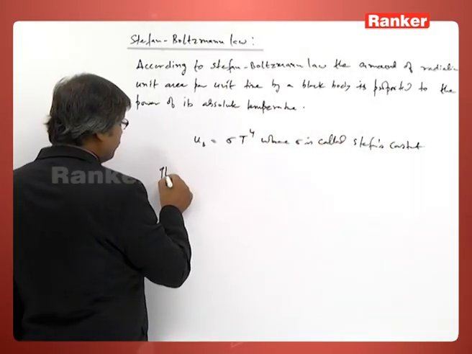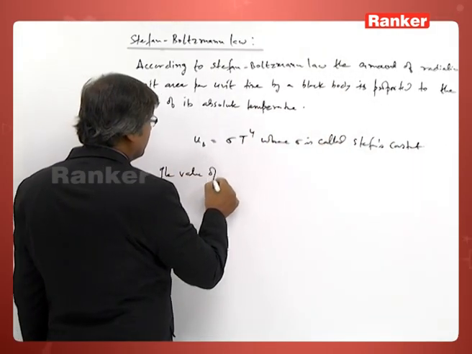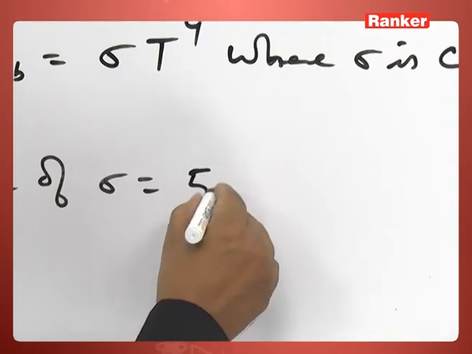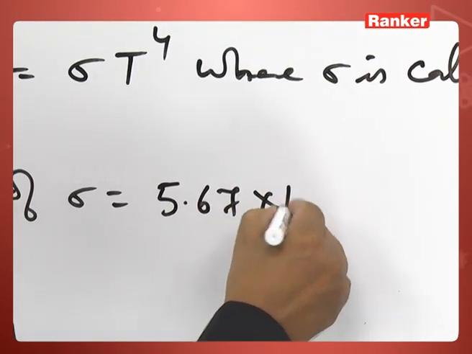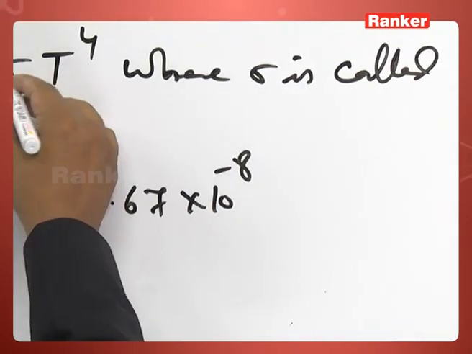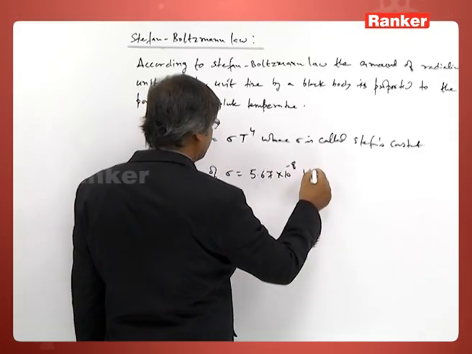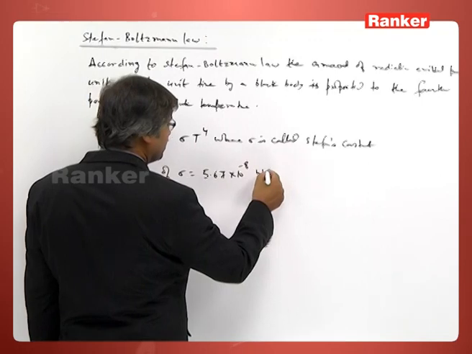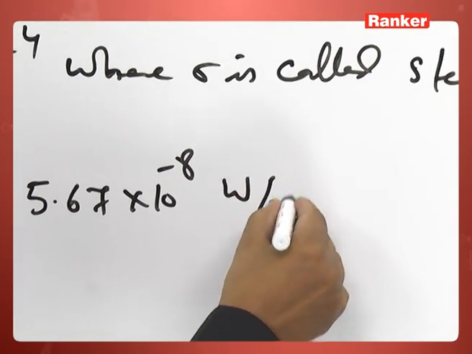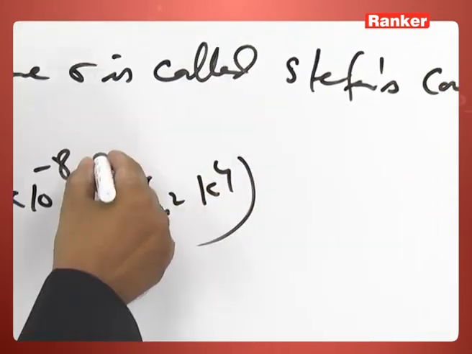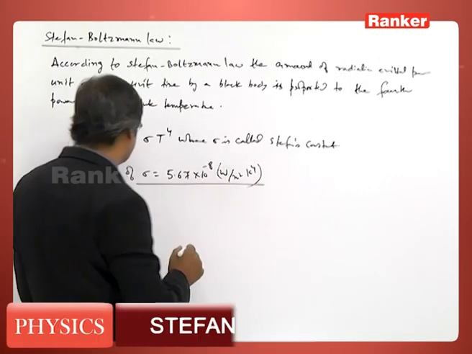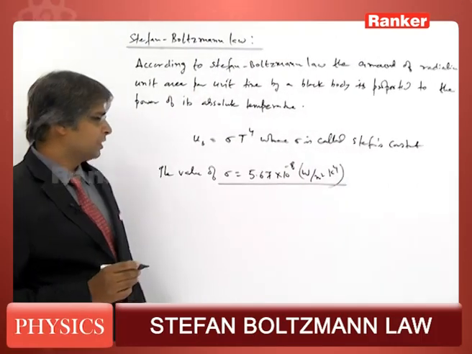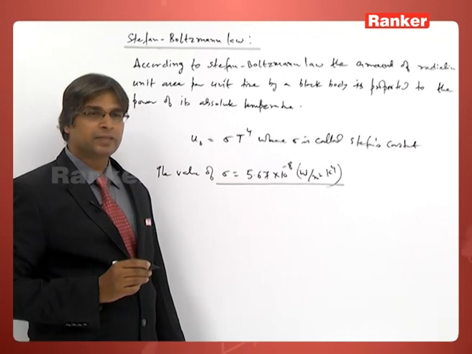The value of sigma is 5.67 into 10 to the power minus 8 watt per meter square Kelvin to the power 4. This is the value of sigma, that is Stefan constant, 5.67 into 10 to the power minus 8.